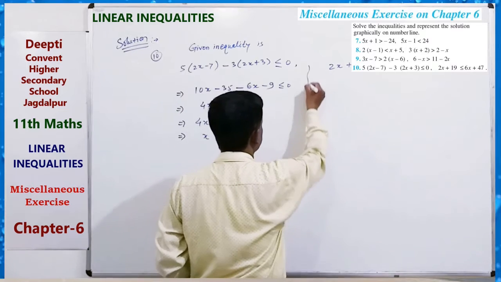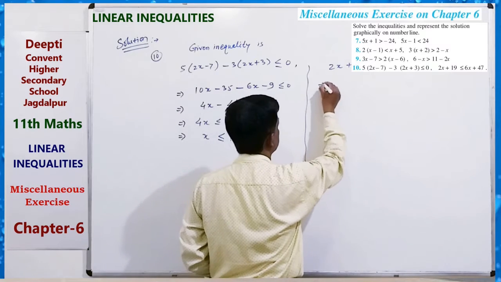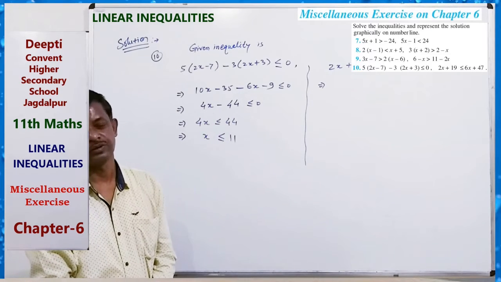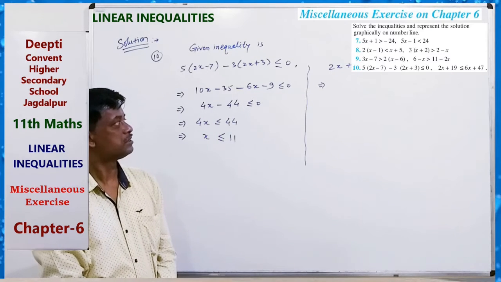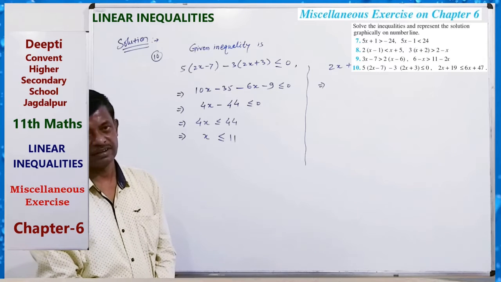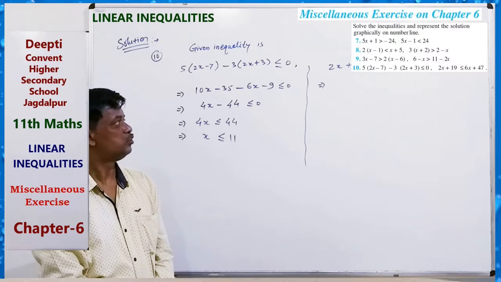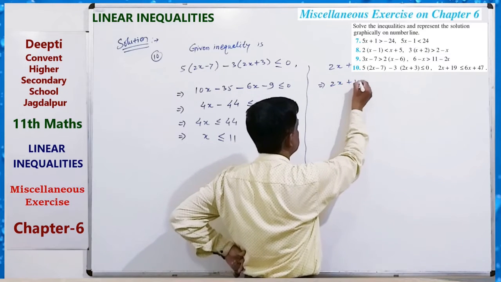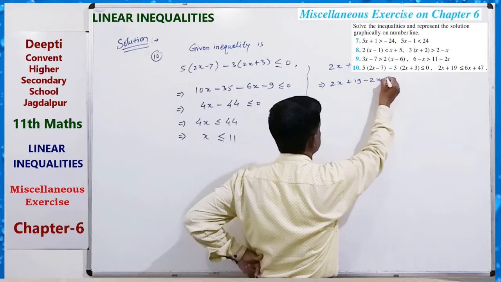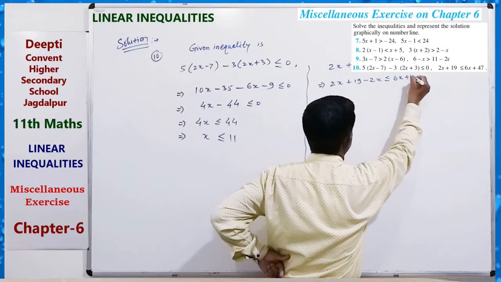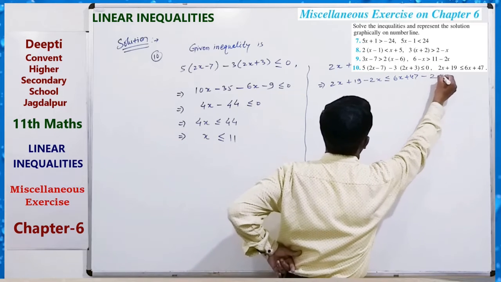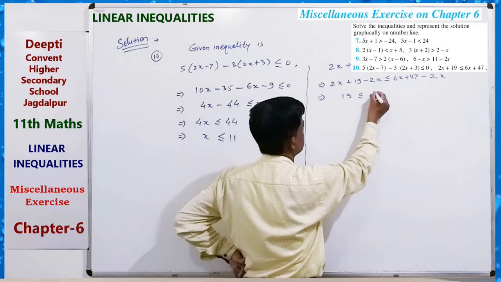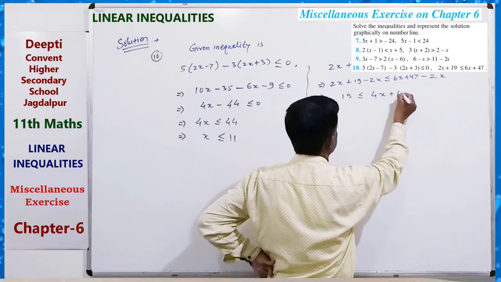Similarly, here we can solve this. So we can subtract 2x from both sides. So 2x plus 19 minus 2x is less than or equal to 6x plus 47 minus 2x. Okay, so 2x cancels, 19 is less than or equal to 4x plus 47.